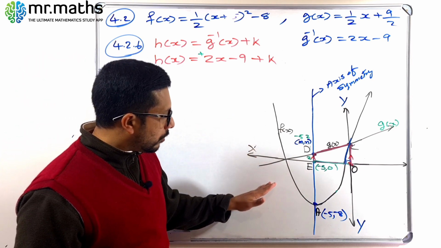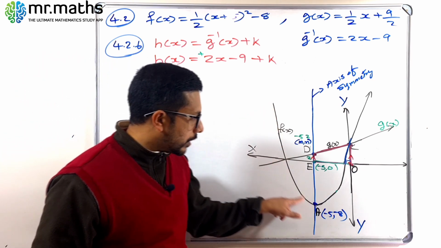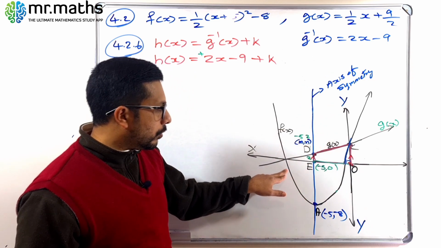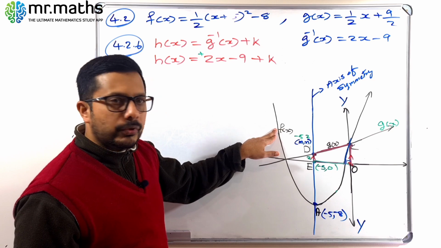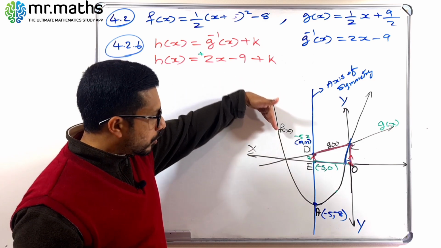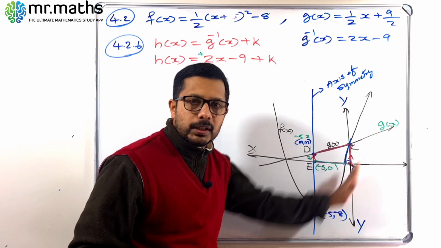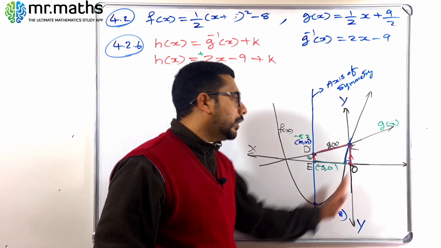This is our f of x, and we can't draw an increasing tangent somewhere here, because if you draw a tangent here, it is supposed to come like this. So our tangent is somewhere here, then only we can draw an increasing straight line.